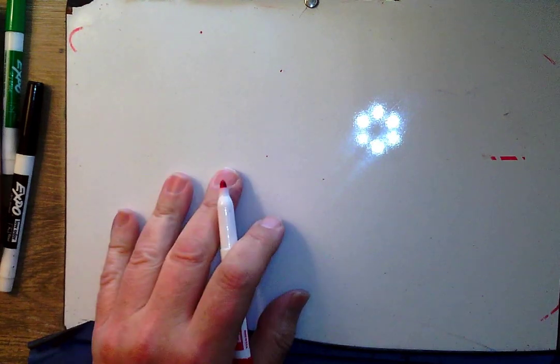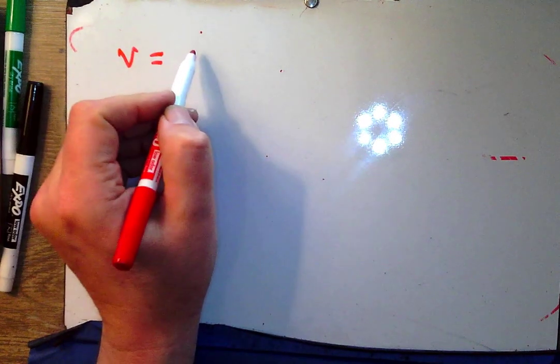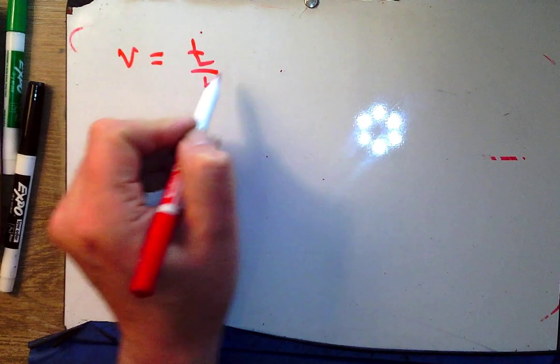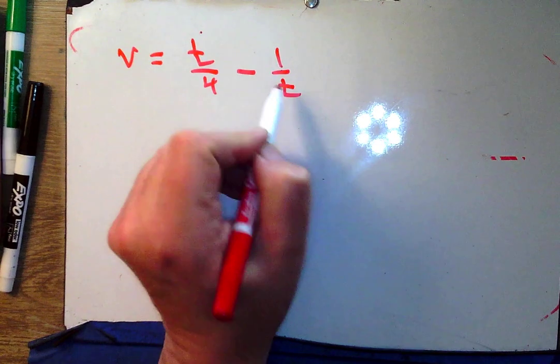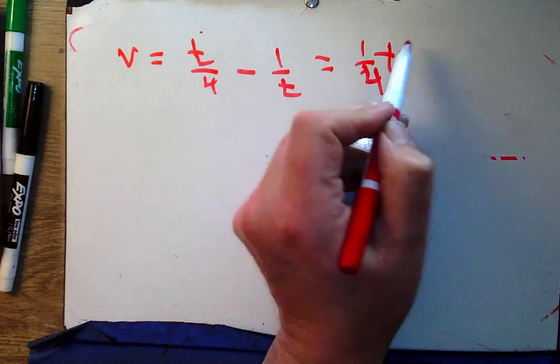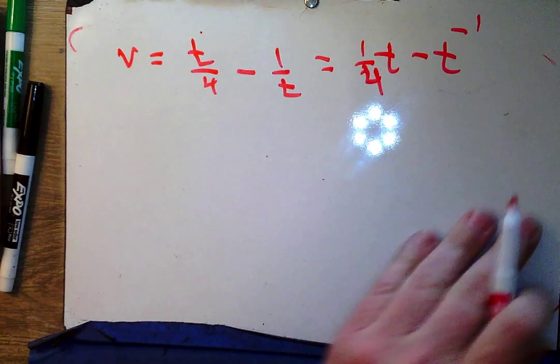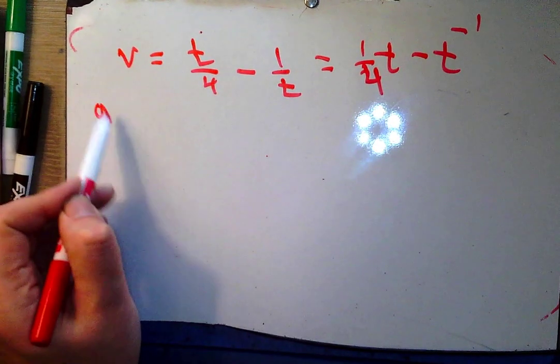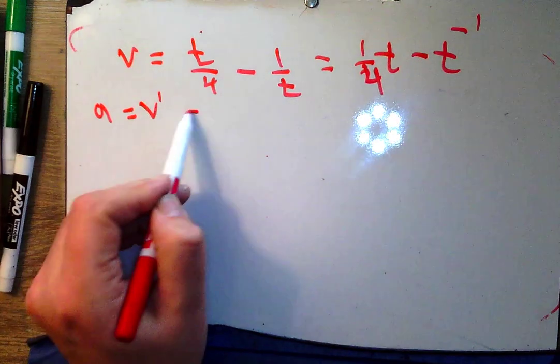I didn't finish the last 2 parts of problem 1 on Station 10. So, acceleration. Well, if v is t over 4 minus 1 over t, it might be easier if I wrote that as 1/4 t minus t to the minus 1 for the purposes of finding a of t, also known as v prime.